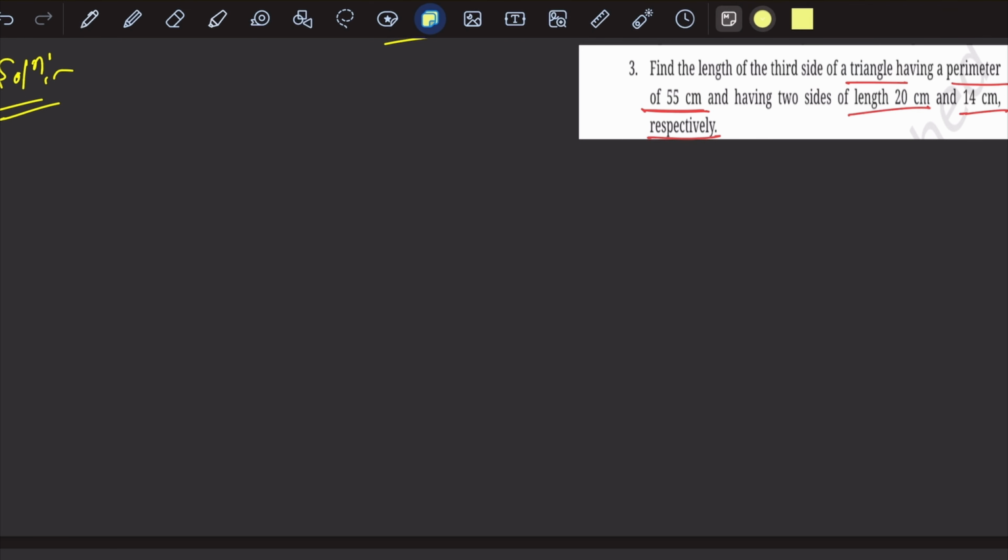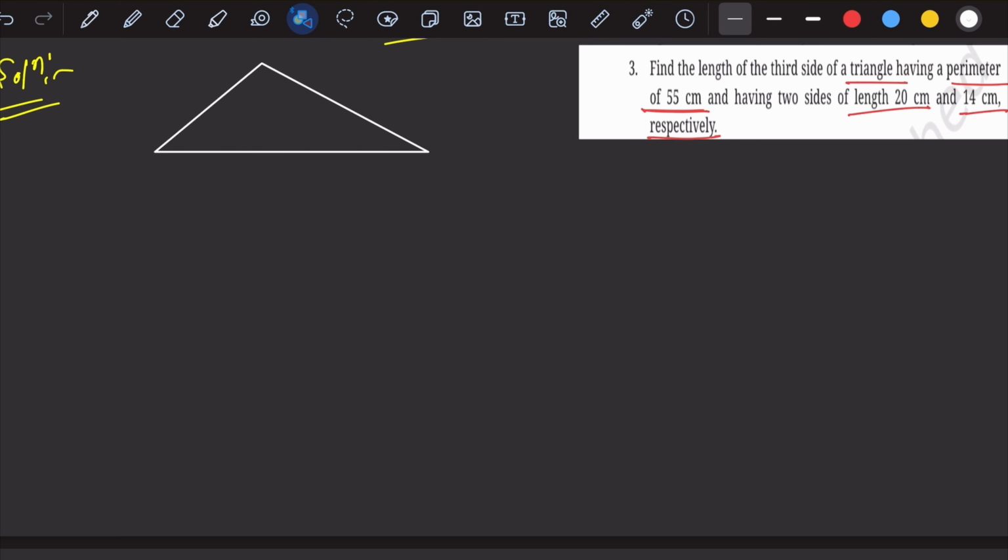So I will make one triangle. Let's suppose this is our triangle. If this is our triangle, in the question it is given that one side is, let's suppose I will take A, B and C. So let's take this side will be 20 centimeter and this side is 14 centimeter.